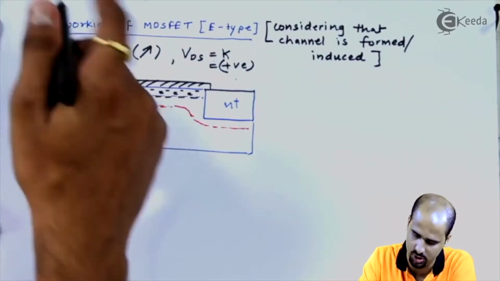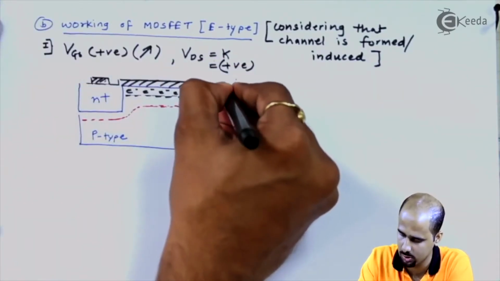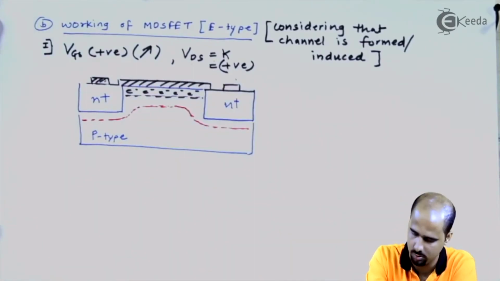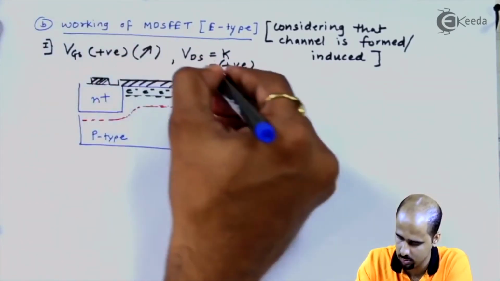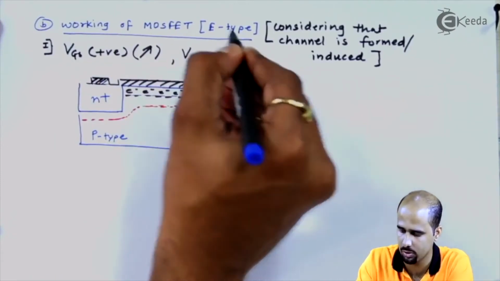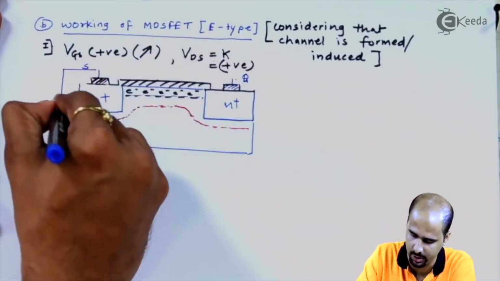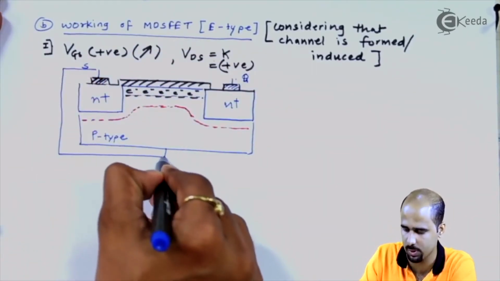This is nothing but your contact for drain, contact for source. Source is directly connected to the substrate.